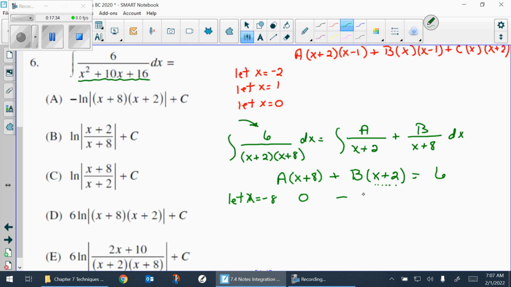I think this would become negative 6b's. So b has to equal negative 1. Let x equal negative 2. Let's see, negative 6a equals 6, so a is going to equal negative 1.